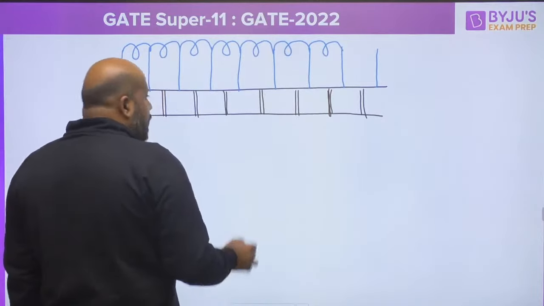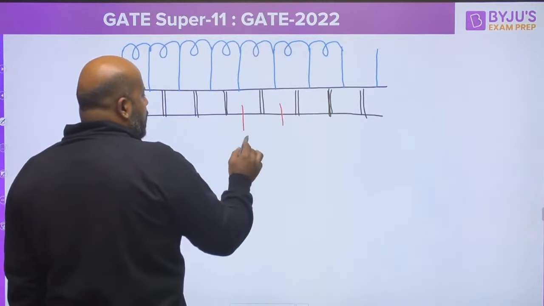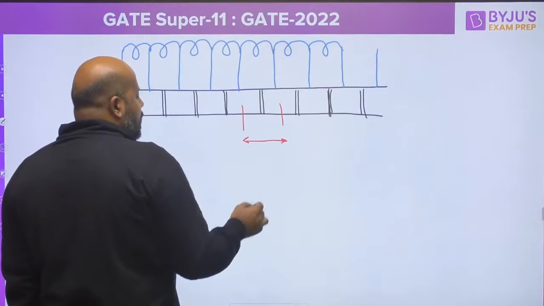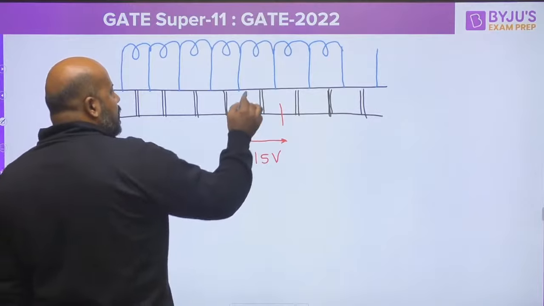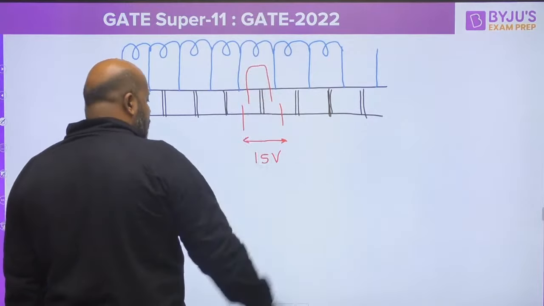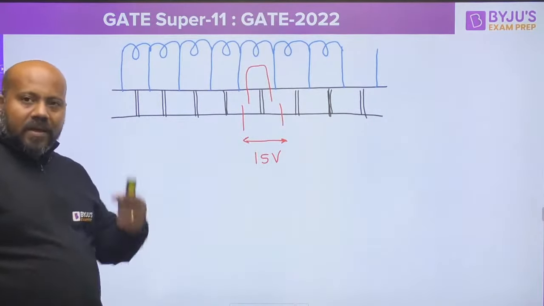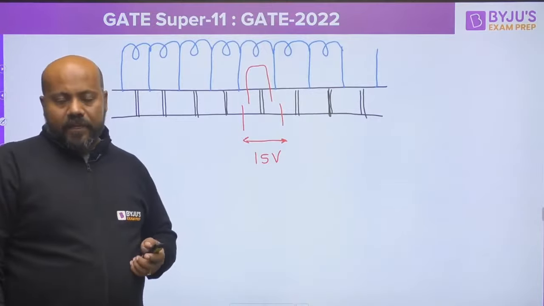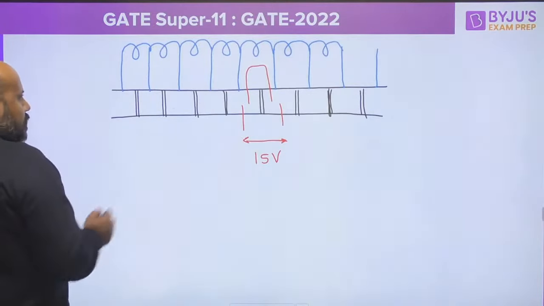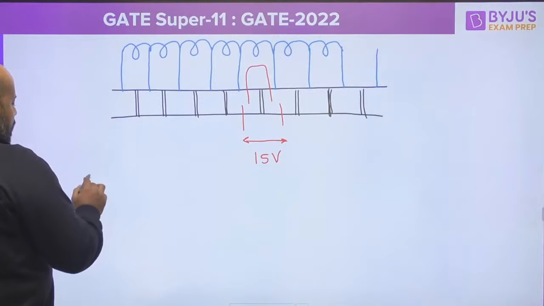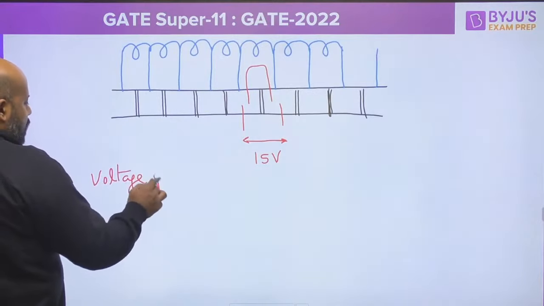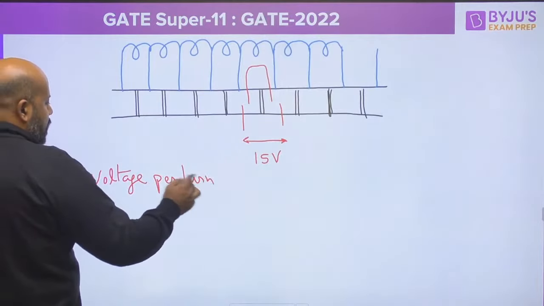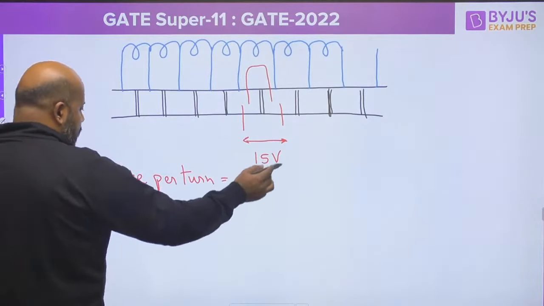Now when he is saying the average voltage between two adjacent commutator segments is 15 volt, so you can understand this is the same voltage which is coming across a single turn of the armature coil. Yes or no? So you are saying voltage per turn is going to be 15 volts.